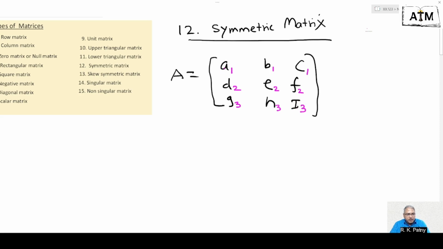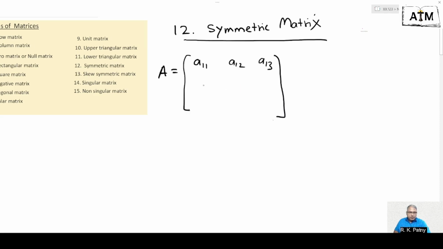After that, A, D, G belong to the first column, therefore one more addition, that is A11, D21 and G31. Similarly, B, E, H belong to the second column, so we add 2 2 and 2 over there, and C, F, I belong to the third column, therefore 3 3 3.